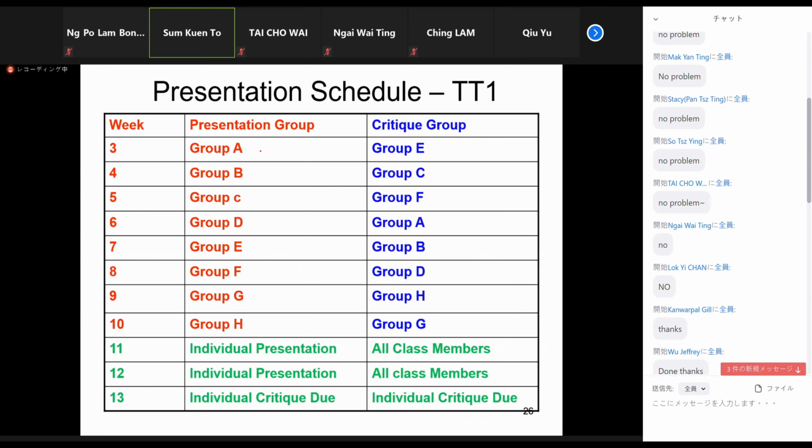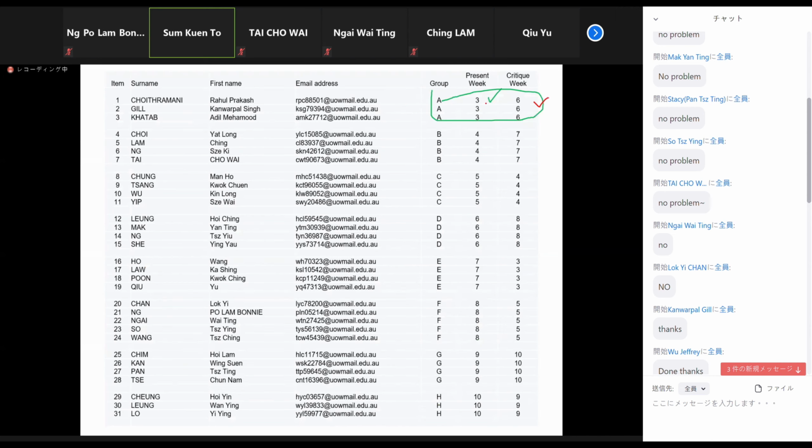So we are presenting A, B, C, D, E, F, G, H from week 3 to week 10. Group presentation, and week 11 and 12, individual. And it means that if you are presenting in week 3, you should send your material to group E because they are doing the critique in week 3.